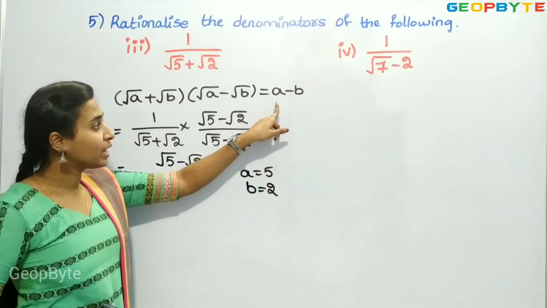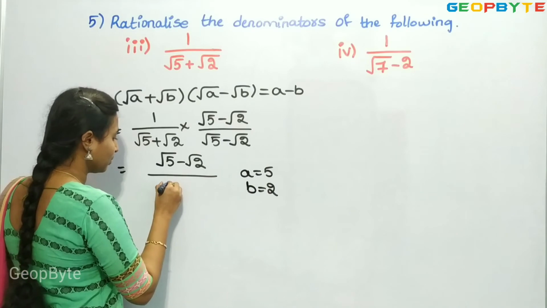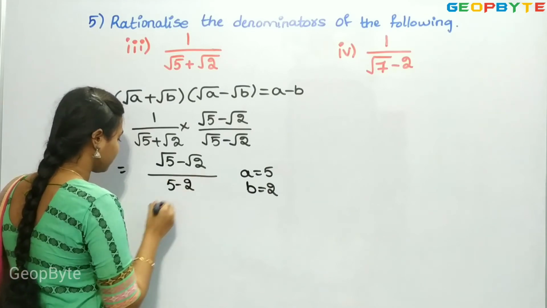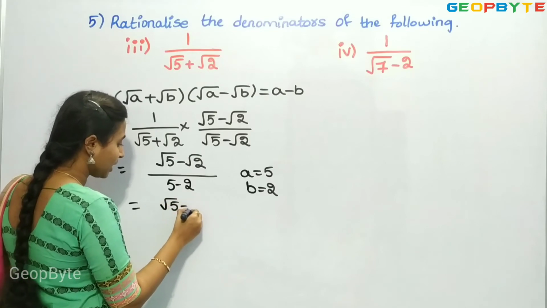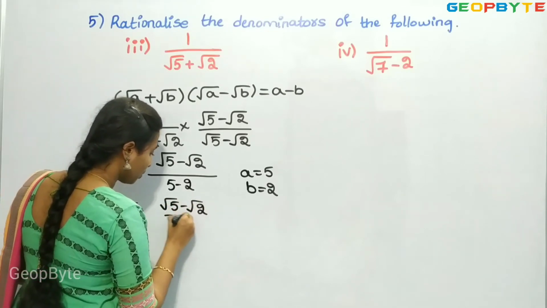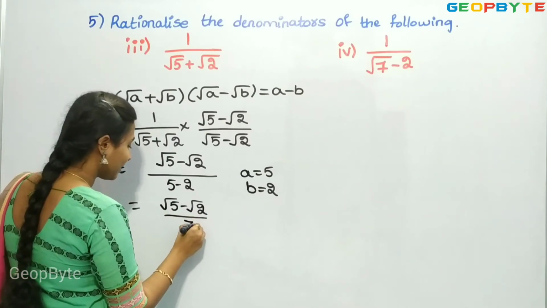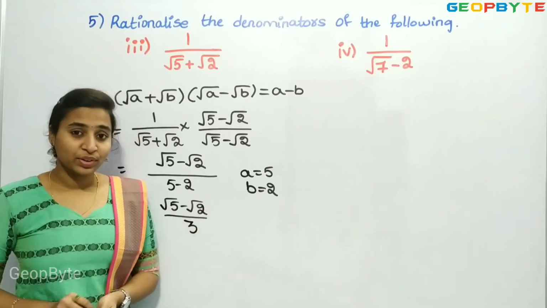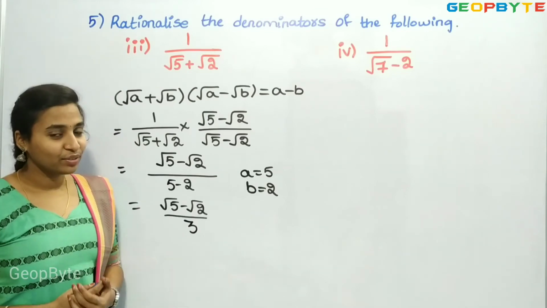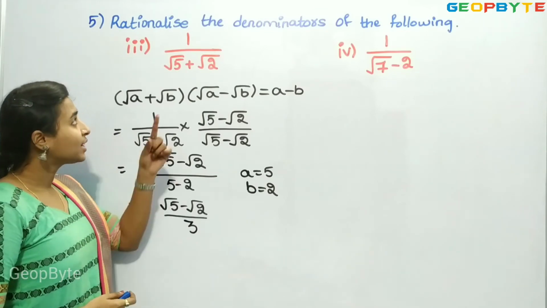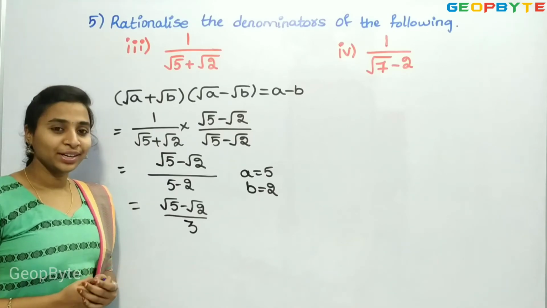So now we have A minus B, that is nothing but 5 minus 2. So root 5 minus root 2 by 5 minus 2 is 3. So we got a rational number in the denominator. Therefore, we have rationalized 1 by under root 5 plus under root 2.